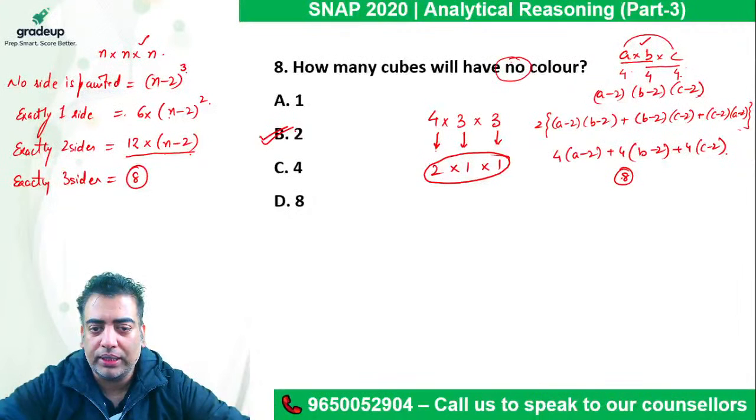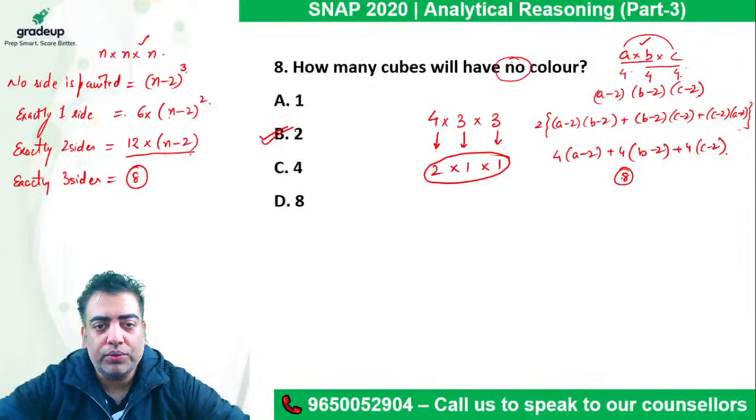So whatever the dimensions are, this will always fit in, provided all 6 faces are painted. Please keep that in mind. Is it done, guys? I hope it is clear. Right.